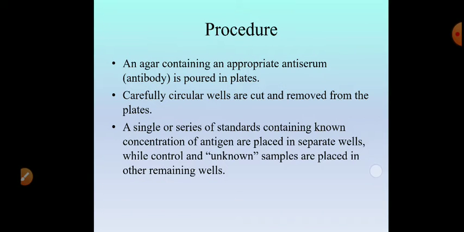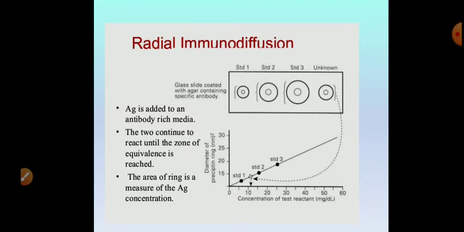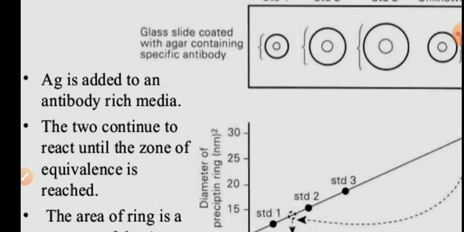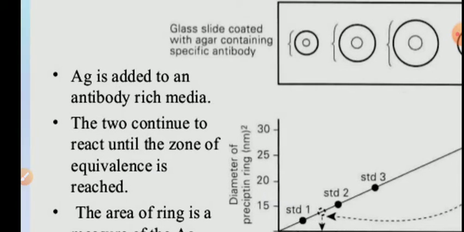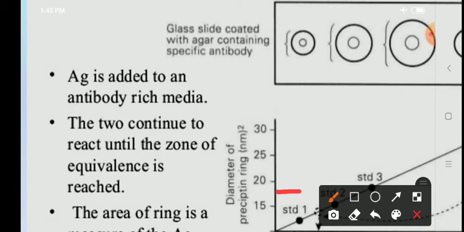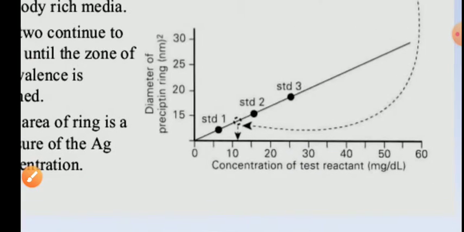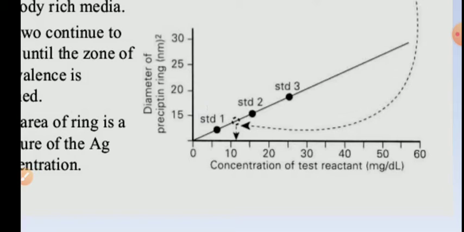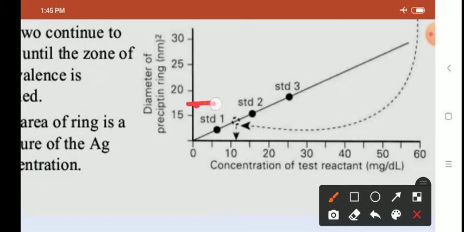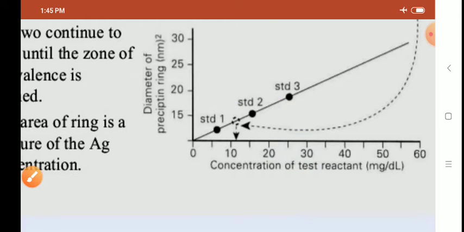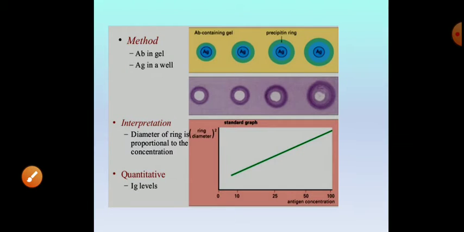And then, by plotting, just suppose the diameter of precipitin ring of the unknown is here. Mark the diameter and extrapolate it on the x-axis and you will come to know what is the concentration of unknown antigen. Is that clear? So this is the diameter, say suppose, you extrapolate it and this will be the concentration of antigen present in the test sample or unknown sample.